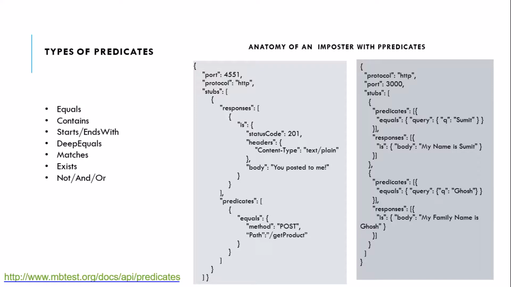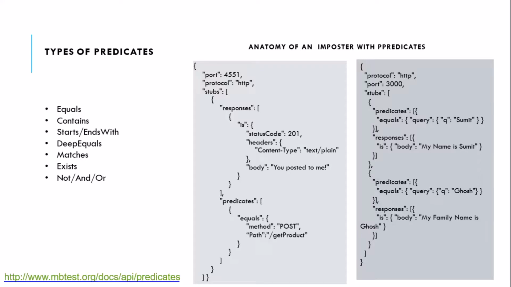If anything is different than method POST and path get product, then this imposter is not going to respond. For example, if the method type is GET and the path is get product, then also this imposter is not going to respond, because the predicate comes into play.